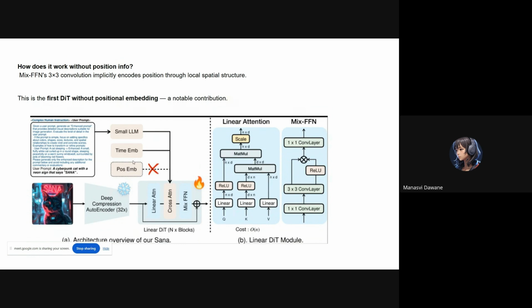So in this architecture, we have Mix-FFN, which has a 3x3 convolutional network, where it encodes the position through local spatial structure. It just checks the neighbors. So that's the reason we don't need position embedding.